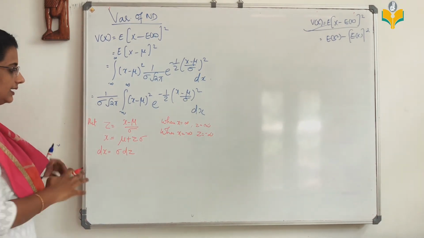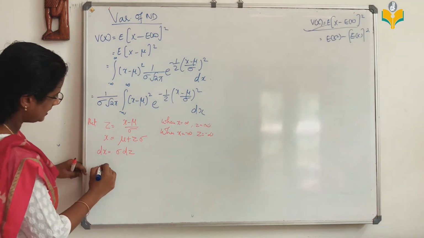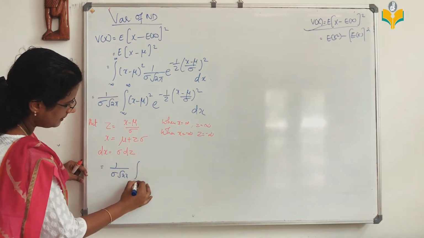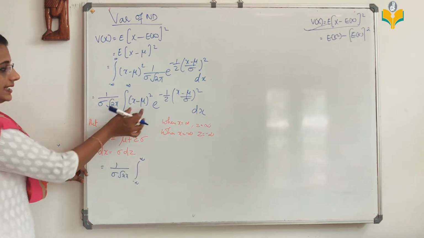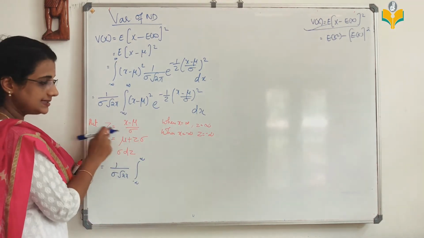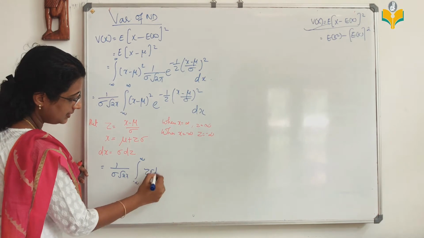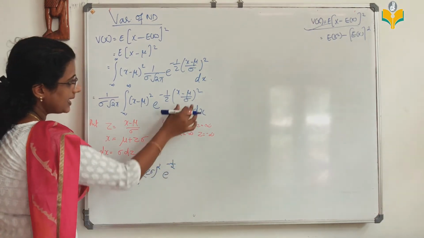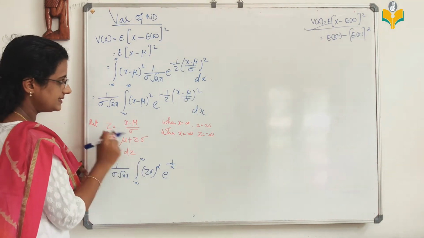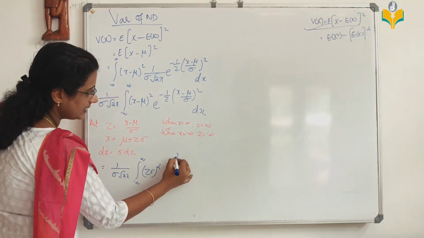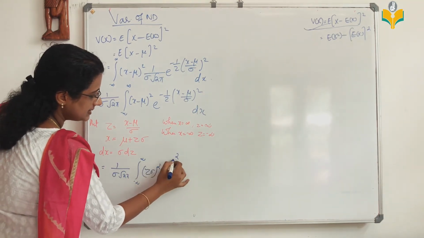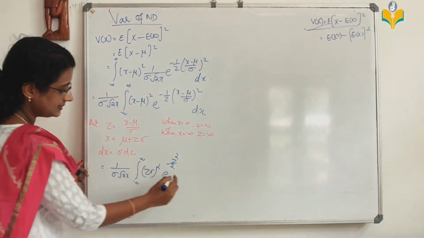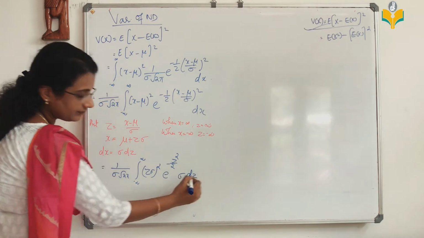Clear? Okay, now we get 1 by sigma root 2 pi into integral minus infinity to infinity. x minus mu will be taken as z sigma, the whole square, into e raised to minus half into ((x minus mu) by sigma will be z) square by 2, into dx will become sigma dz.